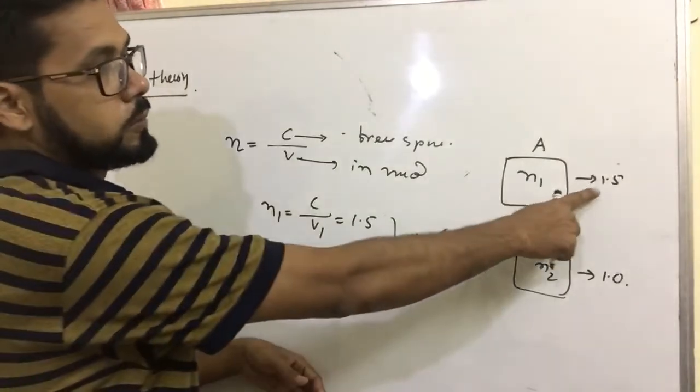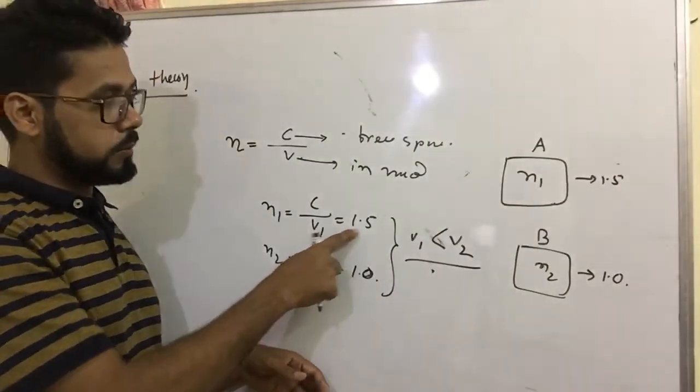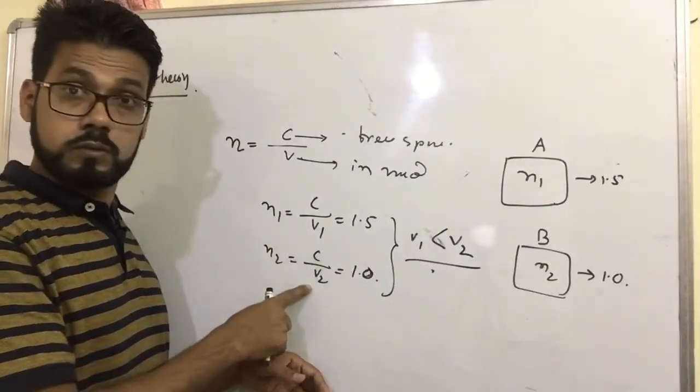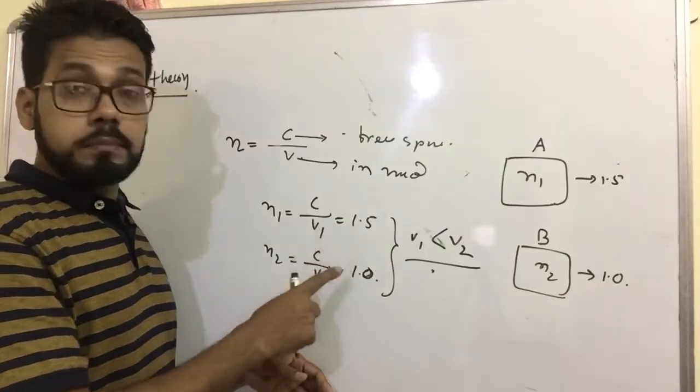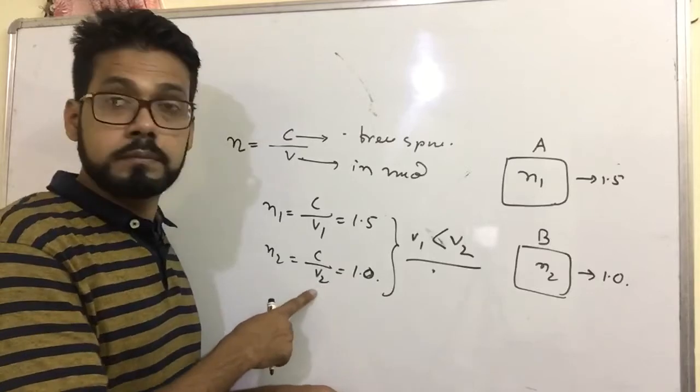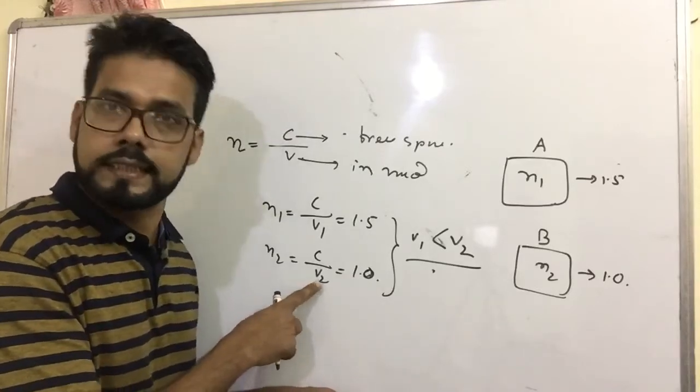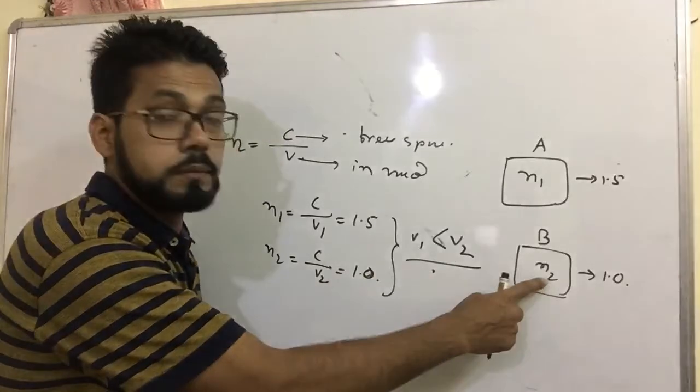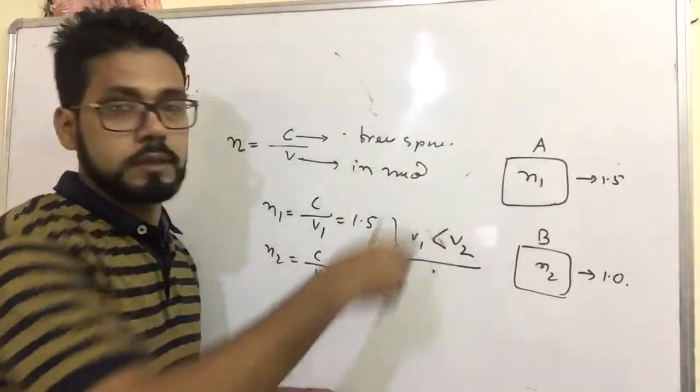Here 1.5 means V1 must be less than V2. Clear? That means the lower refractive index medium B has a velocity of electromagnetic radiation greater than medium A.